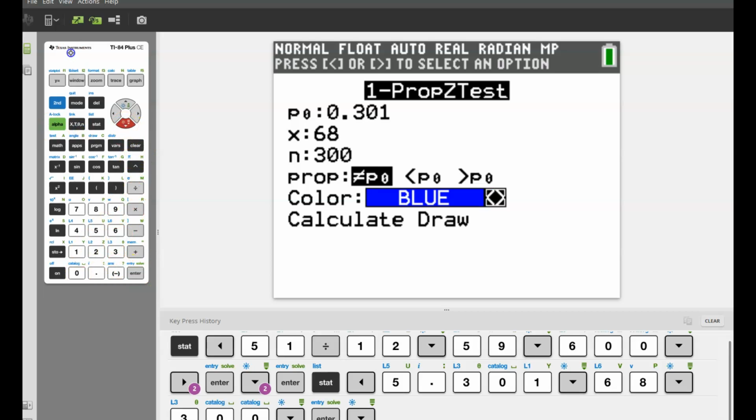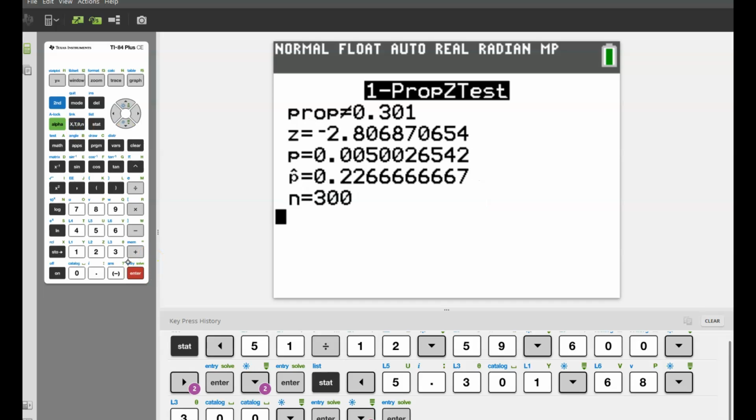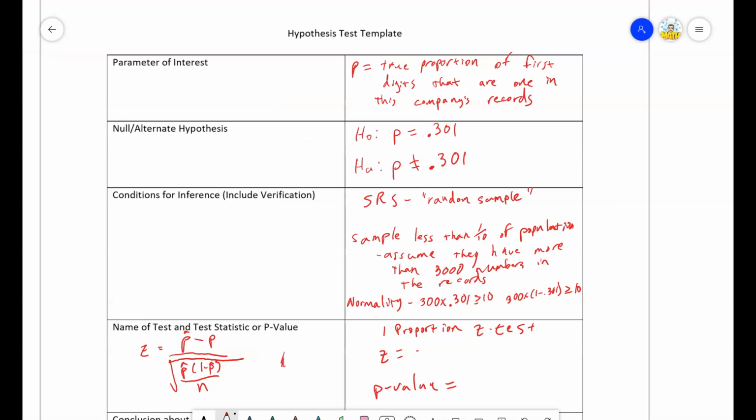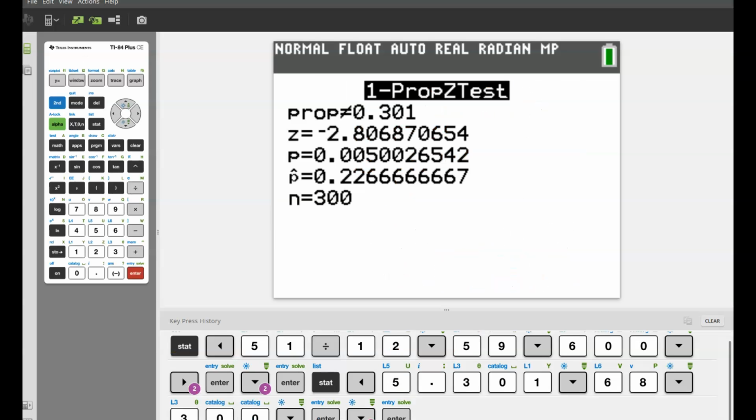Right? So now we've seen all types of tests. We saw a left-tailed, right-tailed, and now a two-tailed test. Okay, so I get negative 2.81 for z. And then I get a p-value, and this is going to be important here. This is a slight difference from what we've seen before with the p-value, 0.005.